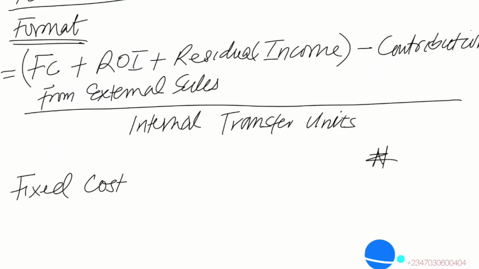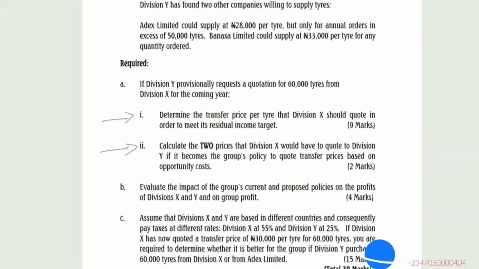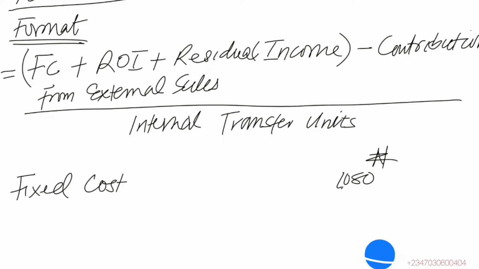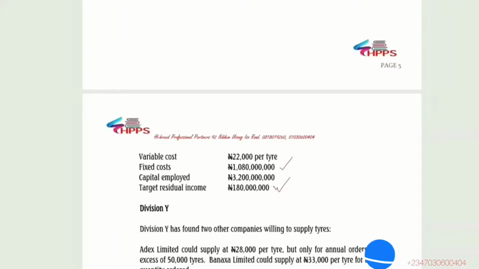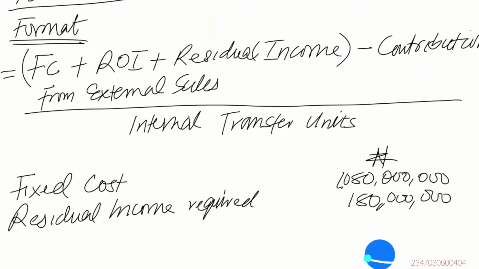Now, we are looking at what should be done. So we go back to the question and we see what we want to do. We have our fixed cost. Our fixed cost is 1,080,000,000. Then we have our residual income. The residual income is given as 180 million. And then we have the return on investment.